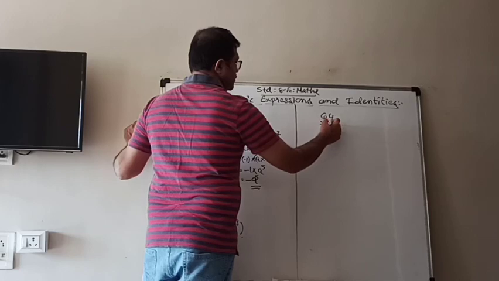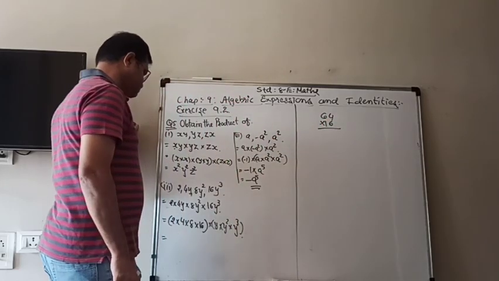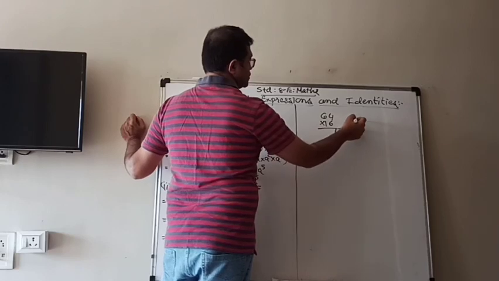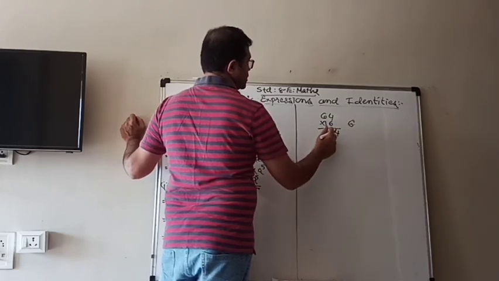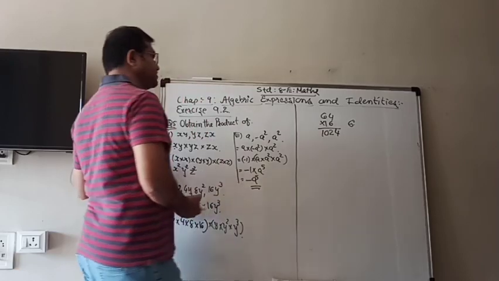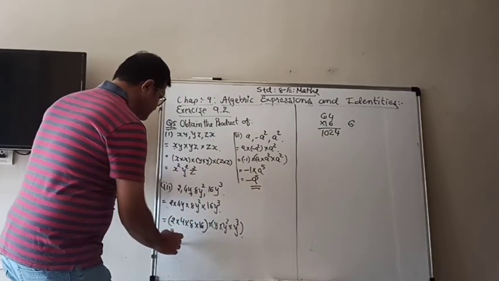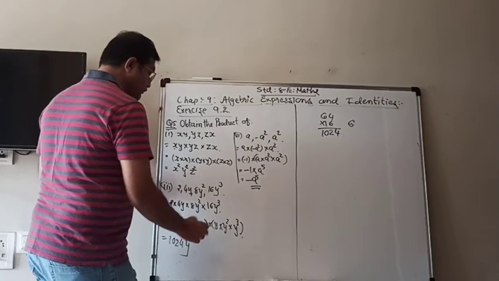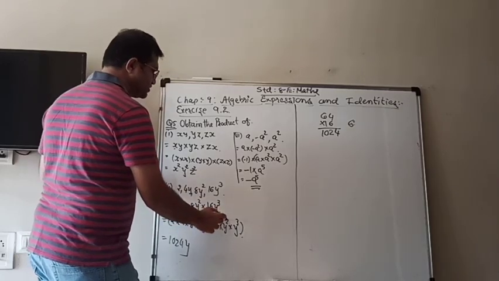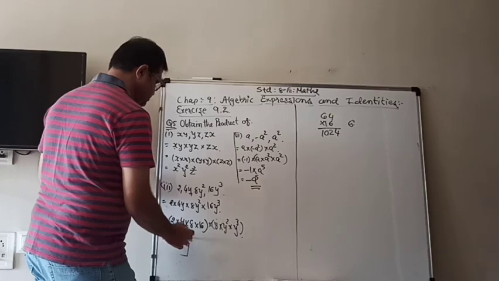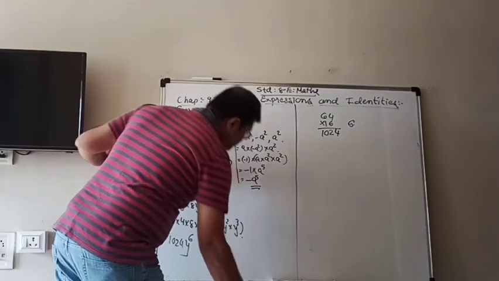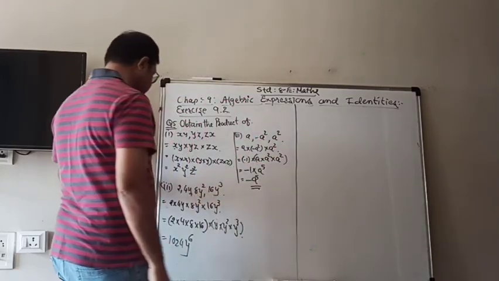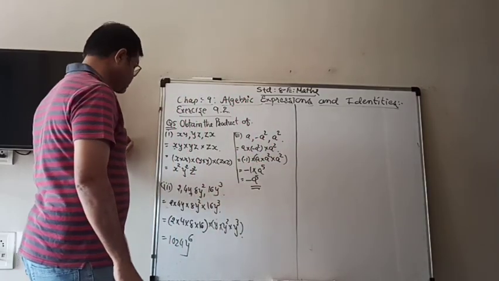So we have to multiply these numbers. So the multiplication is 1024. Now y raised to 1 plus 2 is 3, 3 plus 3 is 6. So the answer is 1024 and y raised to 6.